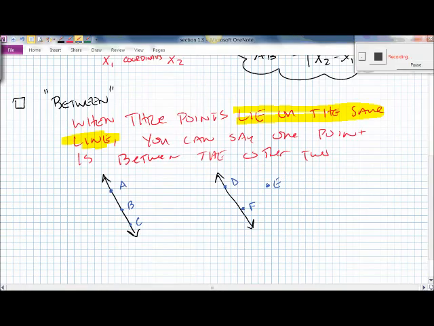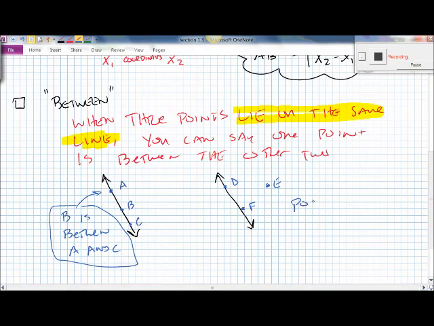So, taking a look here, we can say point B is between A and C. Why can we say that? Because they are all on the same line, so they are collinear. What can you say about this picture over here?